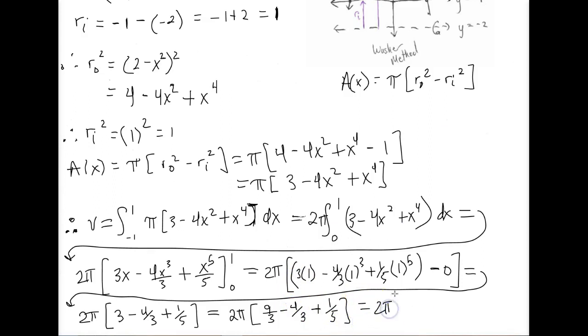That's 2 pi times (5 over 3 plus 1/5). And of course, from here, we can do what we have been doing in the previous examples: 5 times 5 plus 3 times 1, which will give us 28, all over 3 times 5, which is 15.